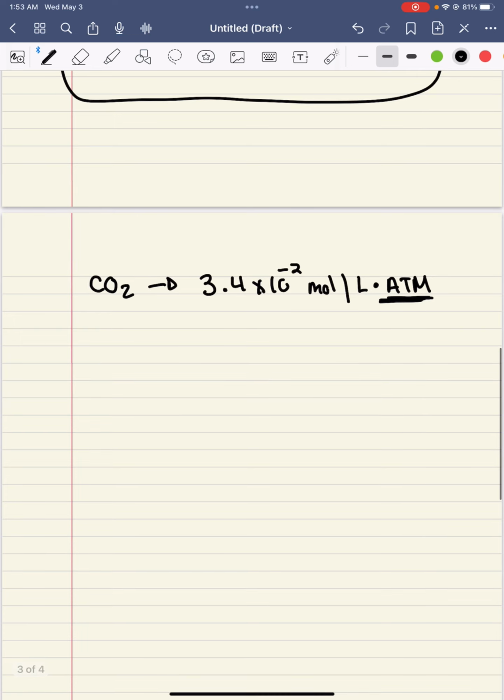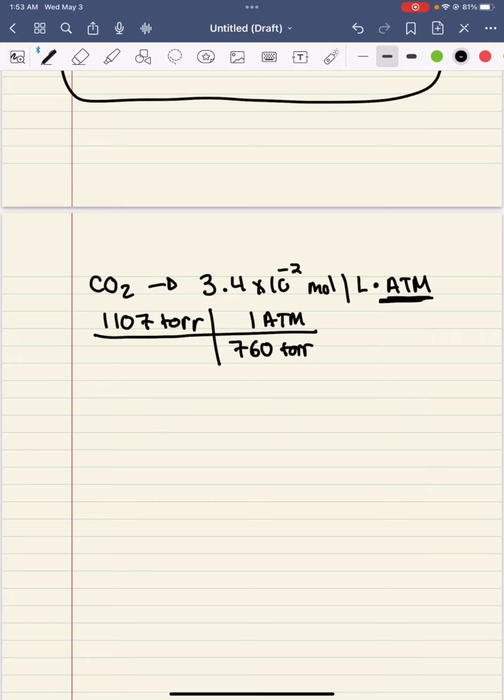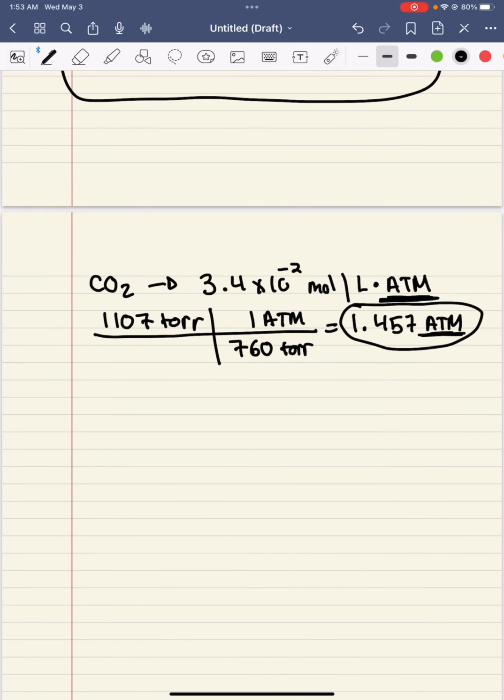The way you do that is just 1107 torr, divide that by 760 torr, and that gives you a value of 1.457 atm.